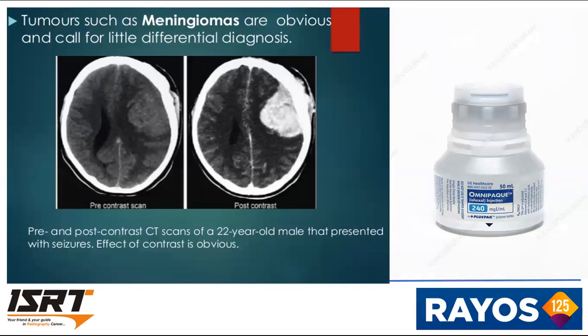Contrast studies are done to distinguish pathology from normal tissue. If the brain has any pathological involvement, you can make it evident by applying contrast medium. So here maybe some neoplasm or tumor. Usually tumors have good vascularity.